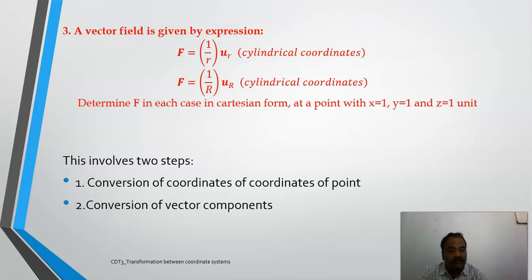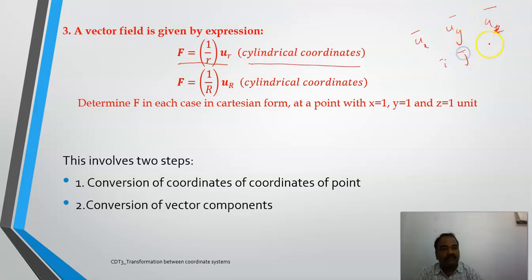In the Cartesian coordinate system we have seen that the components will be like i bar, j bar, k bar, right? Whereas in cylindrical coordinate systems they will be u r, u phi and u z. Whereas in spherical systems there will be capital R, which I am using.